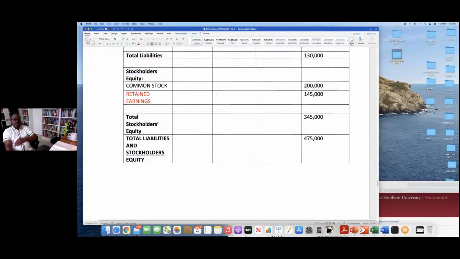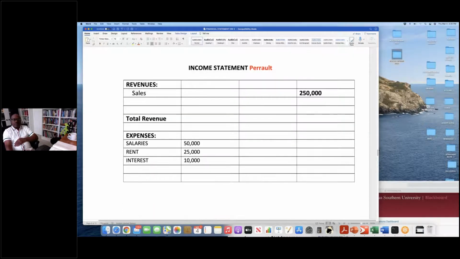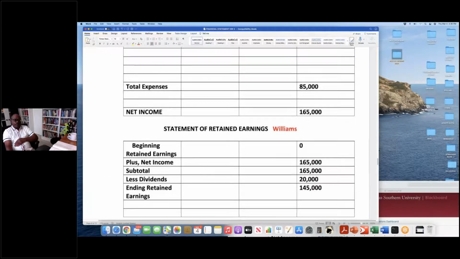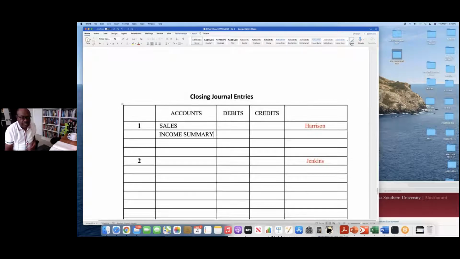And the sales were how much? 250,000. Okay. So we debit sales 250, and we're going to credit income summary 250.